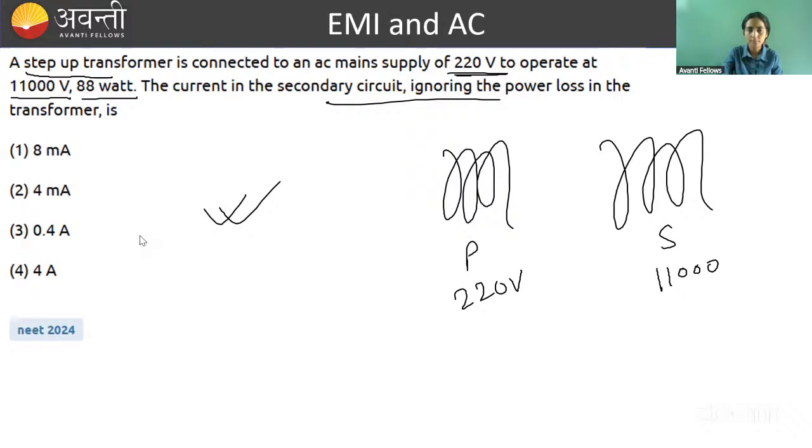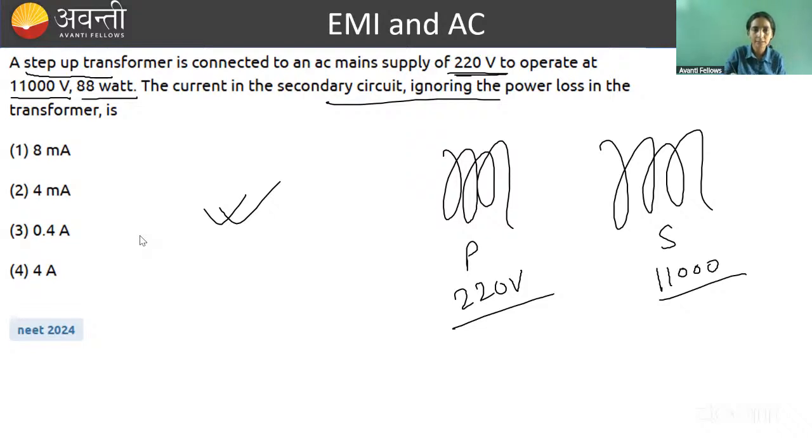Shruti, yes. Raju, you recheck your calculation. Simple है देखो. You have to step up the voltage. Initially it is 220 volt. You have to increase it to 11,000. And then we are asked current in the secondary circuit. So power को conserve कर दो आप. Simple आप power को conserve करो.